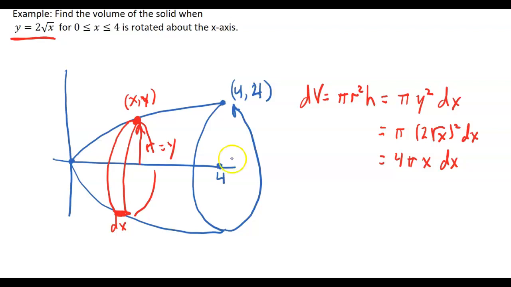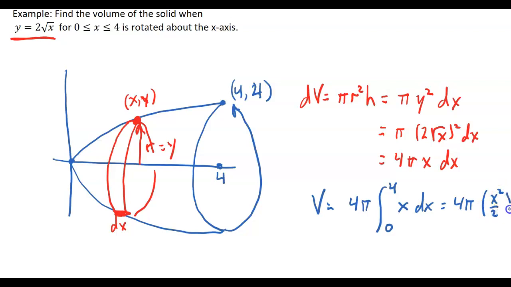So how many disks do we want to add up to get the whole volume from 0 to 4? We want to add up an infinite number. So that volume is going to be, I'm going to put the 4 pi in front, 4 pi integral, we're going to start our disks at 0, and we're going to end them at 4, x dx, which is 4 pi x squared over 2. Whoops, don't need the dx anymore, do we?